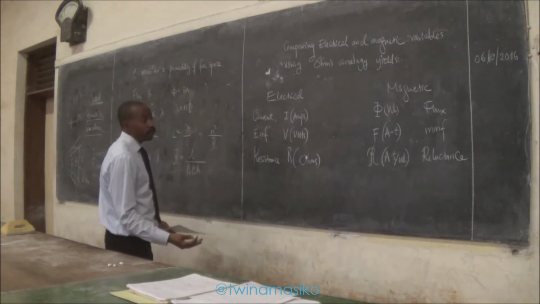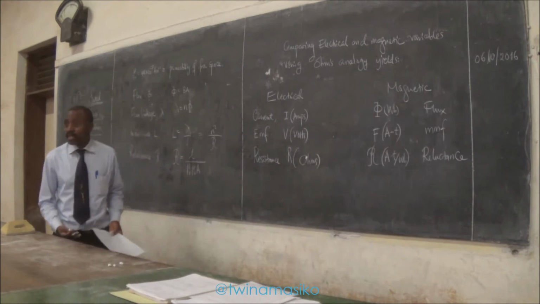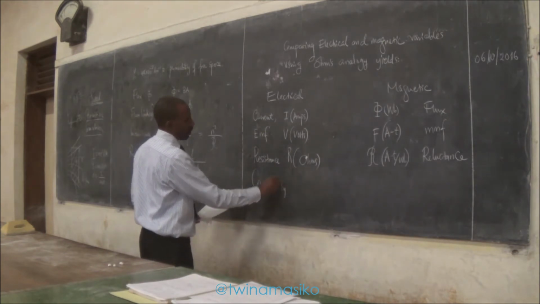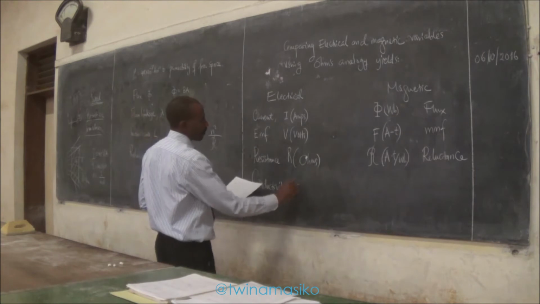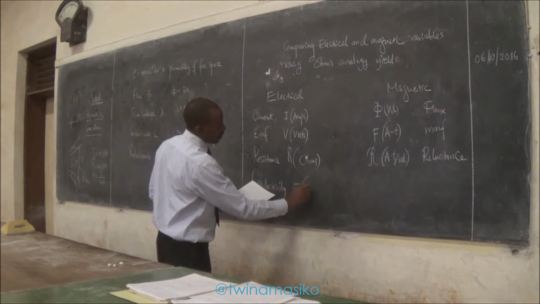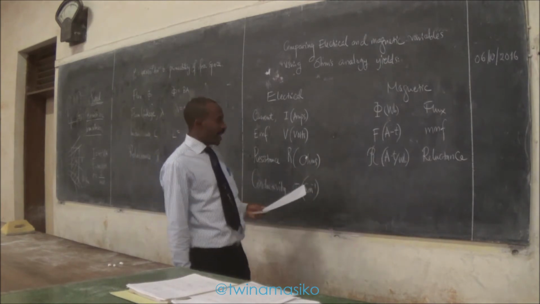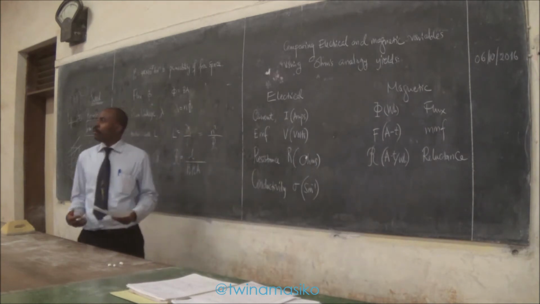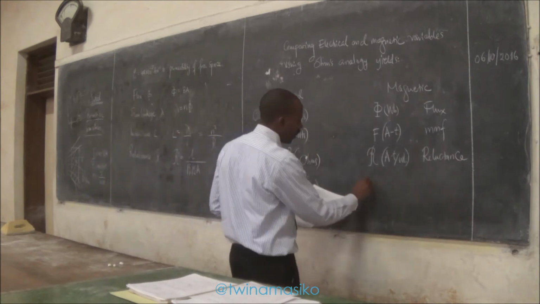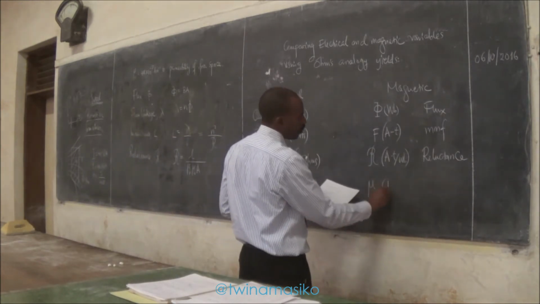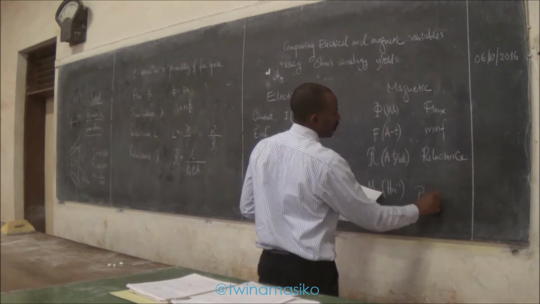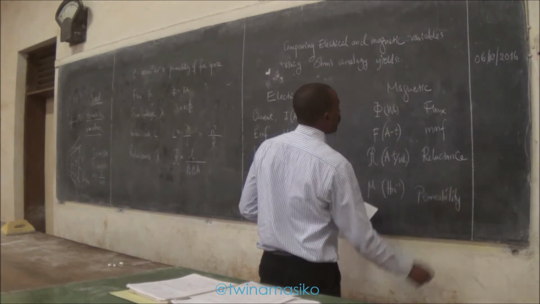Finally, we need this material to be able to conduct, so we talk about the conductivity, which has an abbreviation of sigma, and it is measured in Siemens per meter. On the other hand, the material should be permeable. So comparatively, we talk of the permeability, which is measured in Henrys per meter.